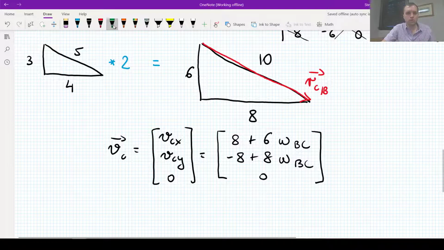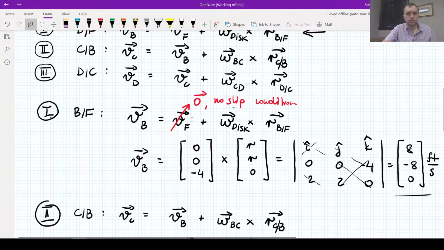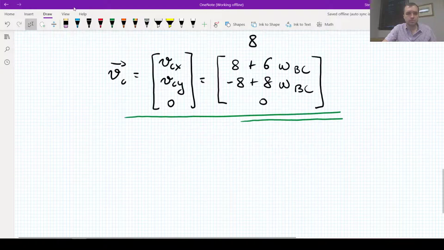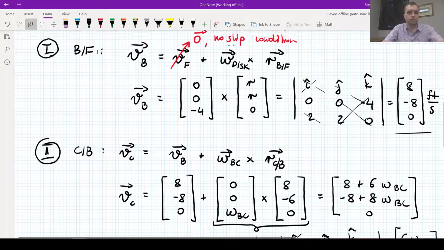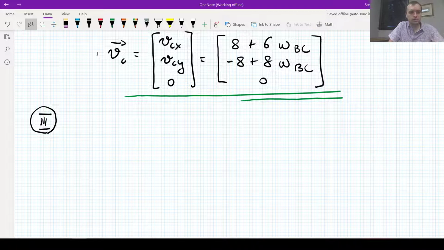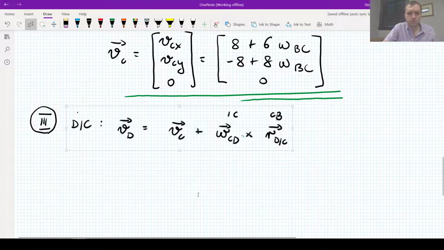Okay, we will leave our finding in this form right now. Now let's do the third part of our velocity analysis, which is velocity analysis between points D and C.